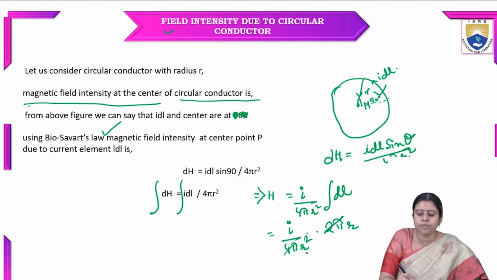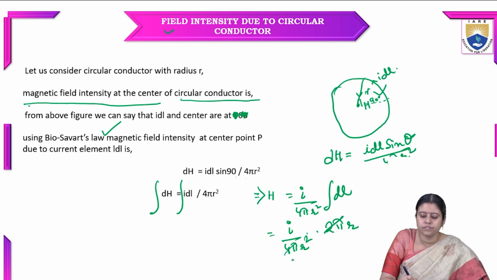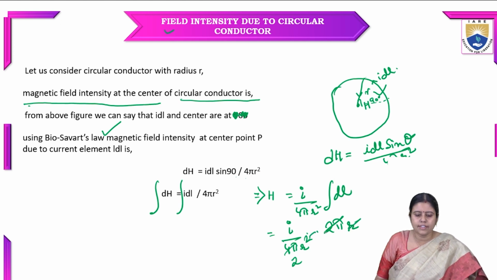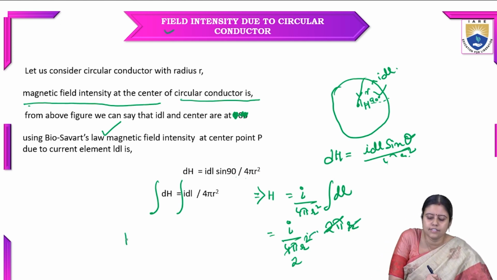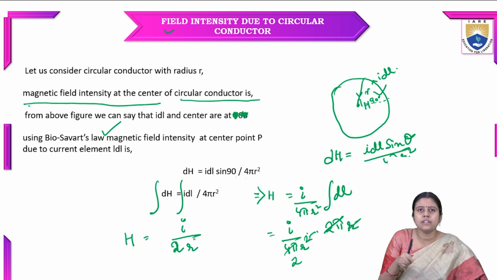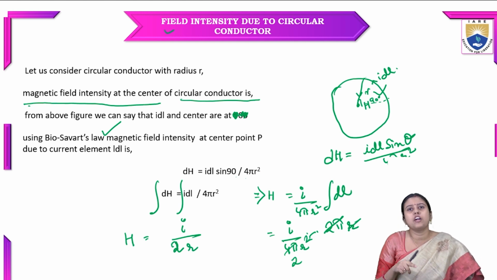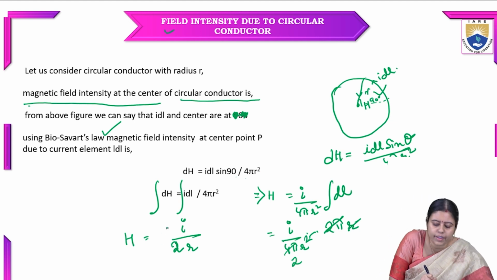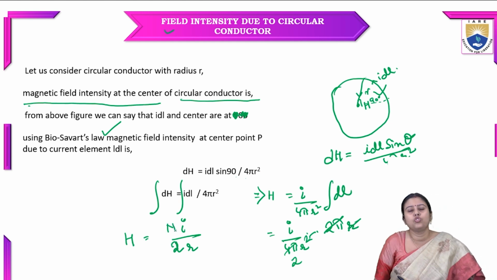So 2 pi and 4 pi will cancel out, and r cancels out. So we will get H is equal to I by 2R. This is for only one circle. If the number of circles is n, it will be NI by 2R.